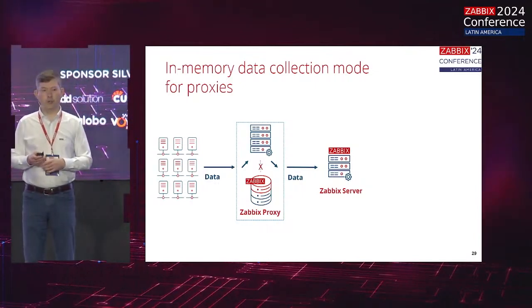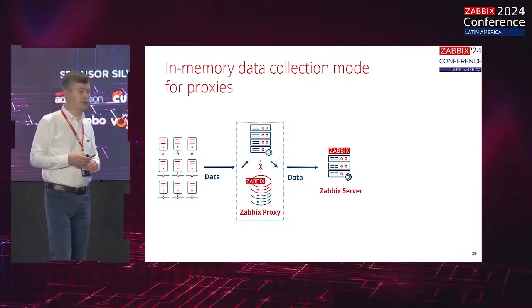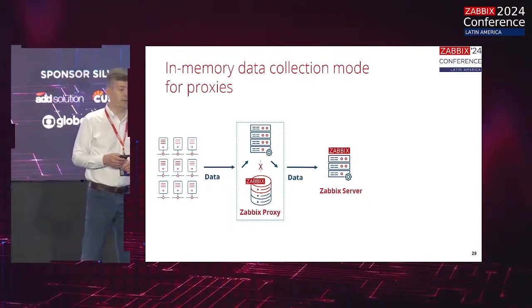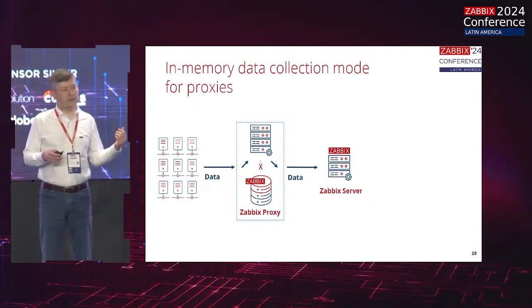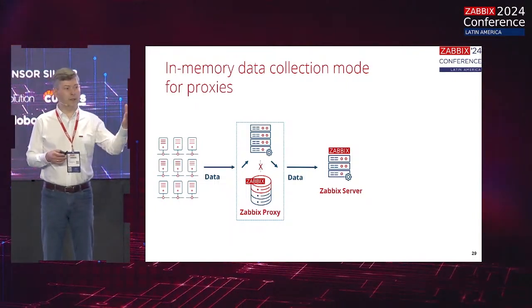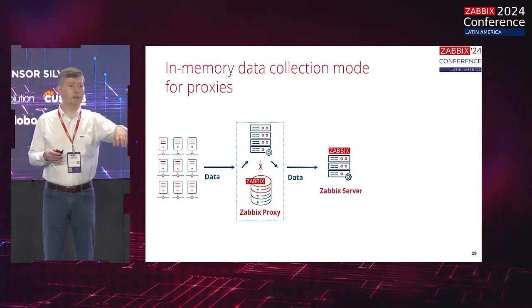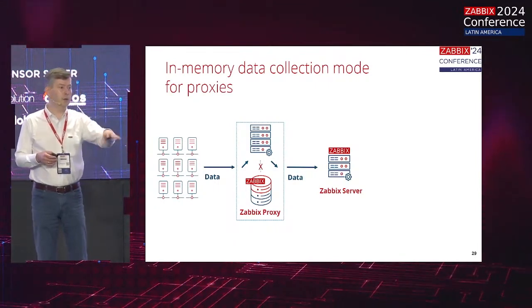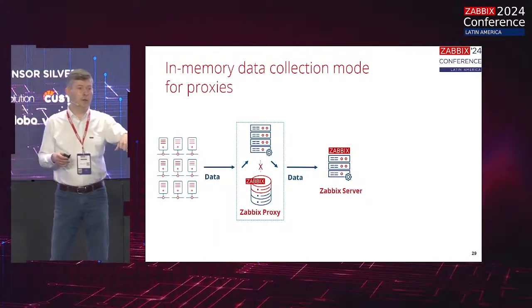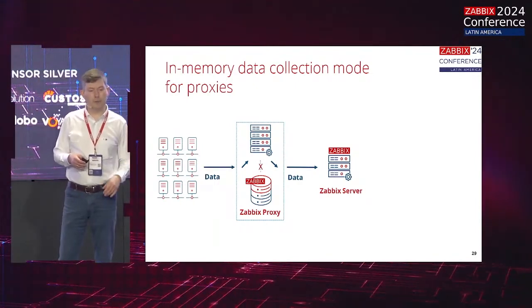In-memory data collection for proxies. So what does it basically mean? It means that in previous releases of Zabbix, the proxy collected data and would normally store it in a local database on disk. It could be an SQLite database in most cases for smaller proxies.